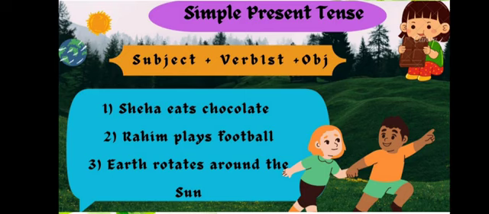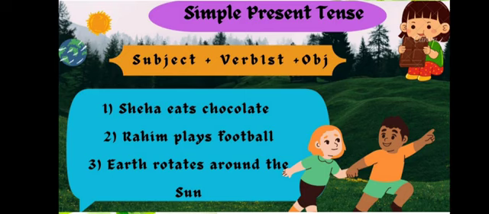Rahim plays football. Rahim is the subject. Similarly, plays is, what is it? Try to identify. It's very easy. It's called the verb, in its first form. Yes, very good job. Now plus object. What is its object? Its object is football. Yes, you are absolutely right.